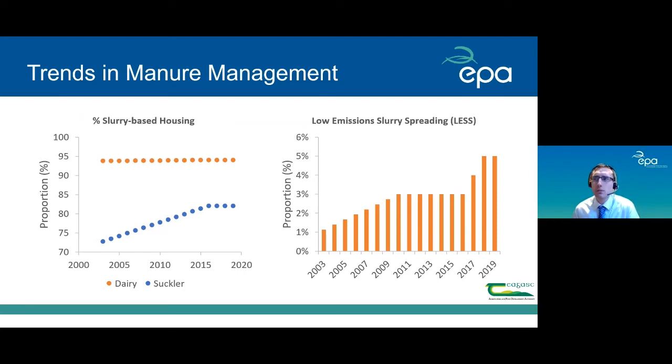And on the right, we also show examples of the uptake of low emission slurry spreading, which is a technique to reduce emissions, and this has seen a fivefold increase from a low base, admittedly, in 2003, but we expect that trend to continue to expand, especially since derogation farms under the nitrates directive will be required to take up this technology.